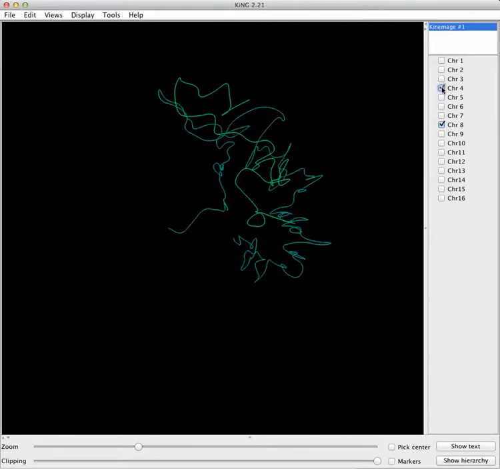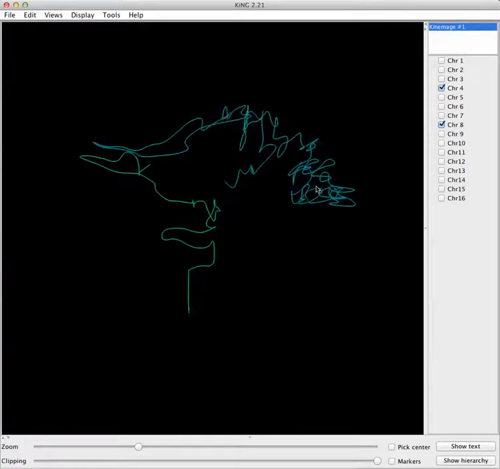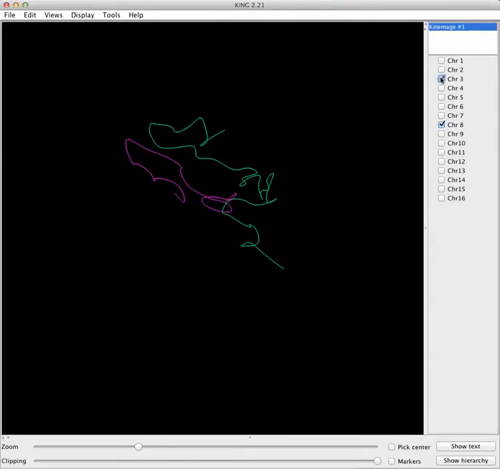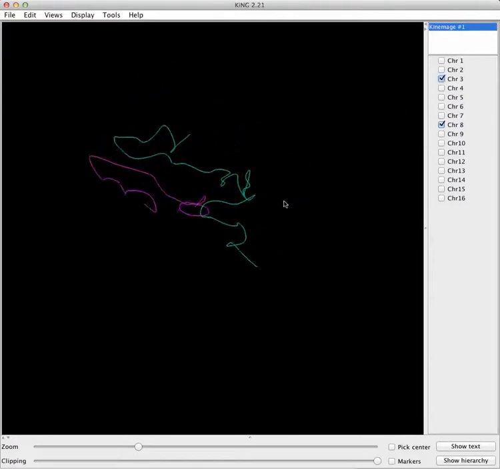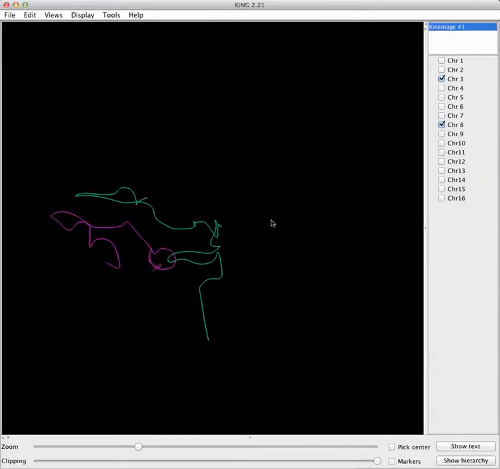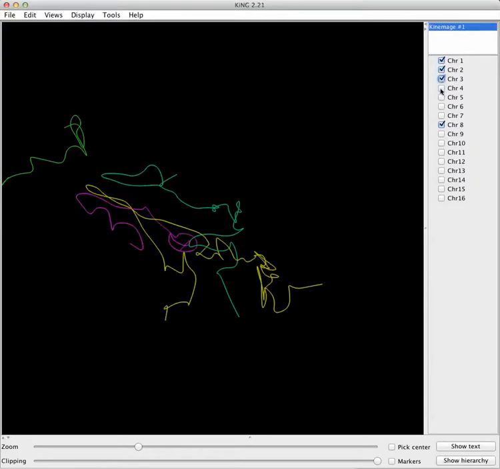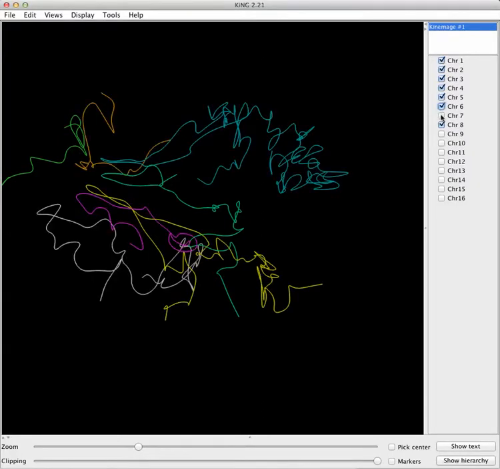So these are close in that one region. 4 and 8. Here, see, 8 and 3 are somewhat closer to each other. In any case, I'll put all of them on here so you can see the structure building up.